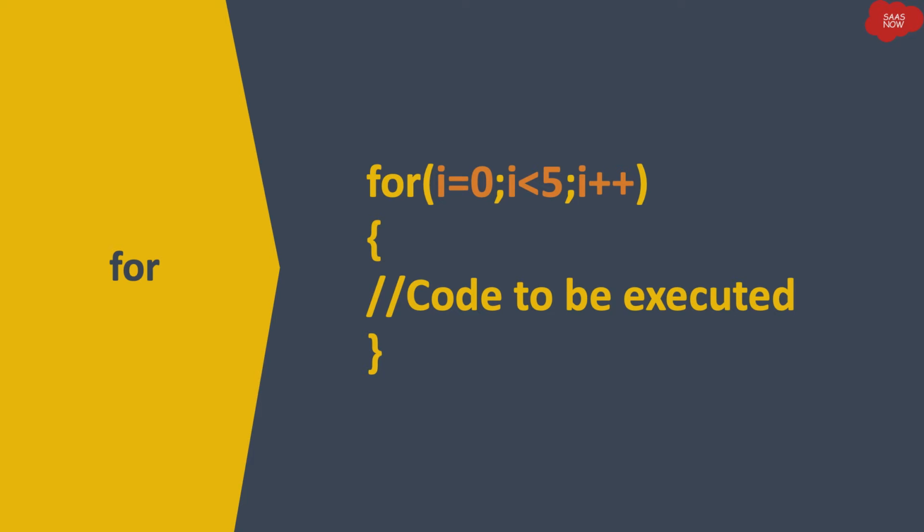So we have assigned 0 to i, we are putting the condition that i should be less than 5, and then we are also adding one to i. So it will become first 0, then 1, then 2, then 3, and then 4, and it will stop. So basically this loop will stop at 4.